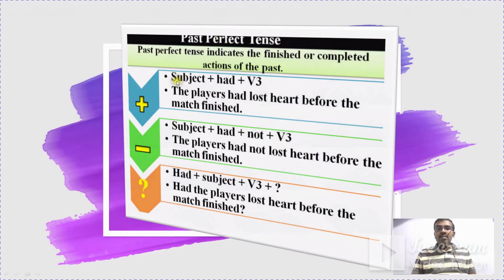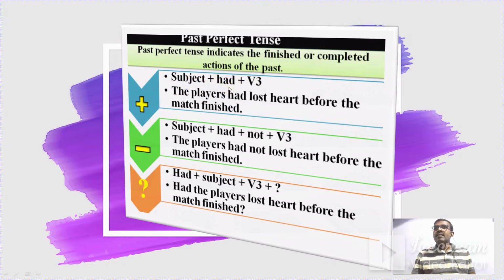Past perfect tense indicates the finished or completed actions of the past. Let us discuss three formats of past perfect tense: positive form, negative form, and question form. In positive form, subject comes first plus auxiliary verb plus V3. This auxiliary verb is common to all subjects.